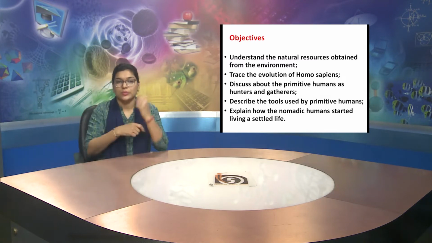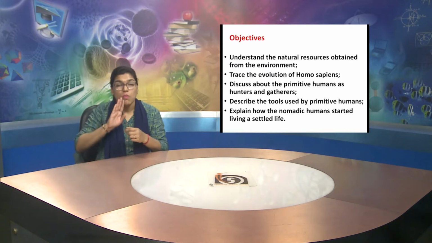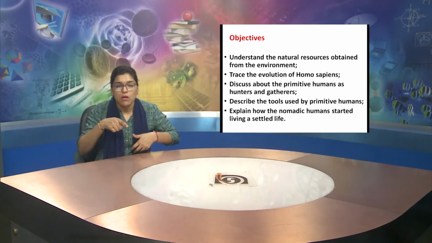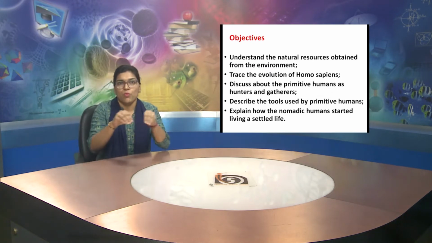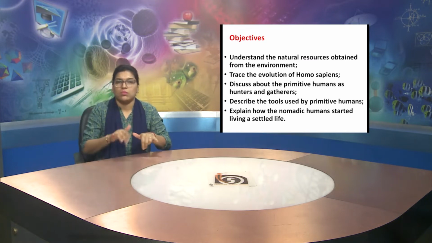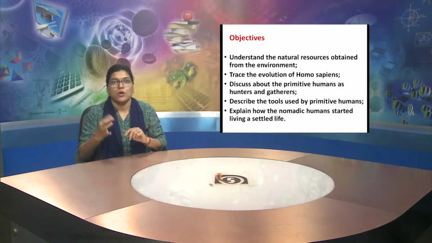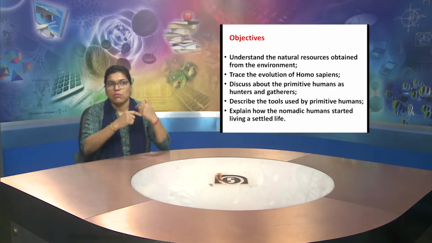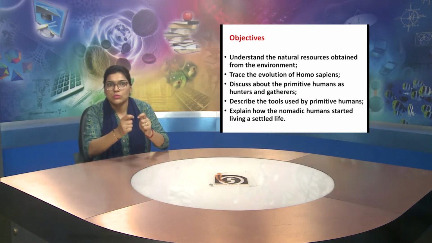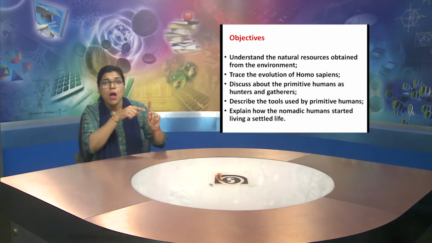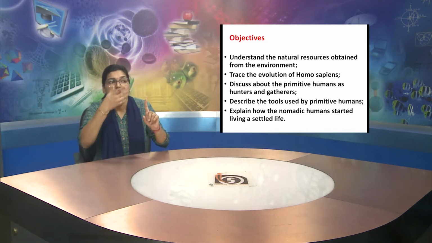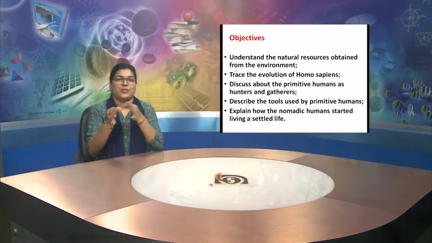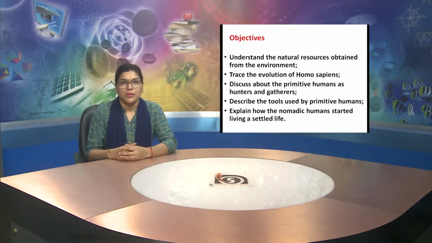And the fifth objective, which is the last objective, is that we will be able to explain how the nomadic humans started living a settled life. As we all know, earlier the humans were moving from one place to the other, but after some time something happened and they started living a settled life.